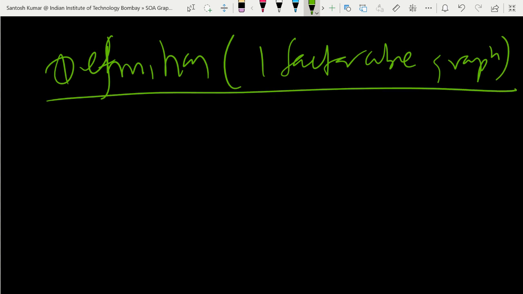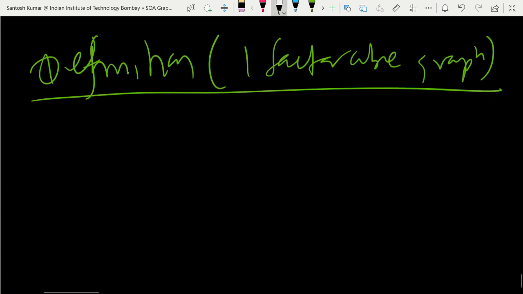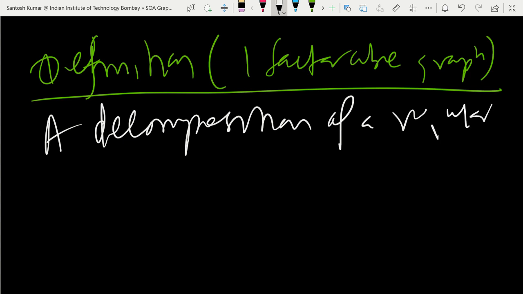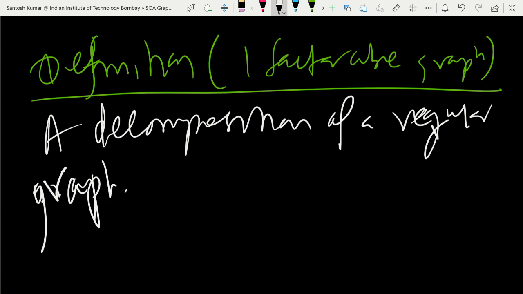If you can write it into one factor. So what is one factorable graph?